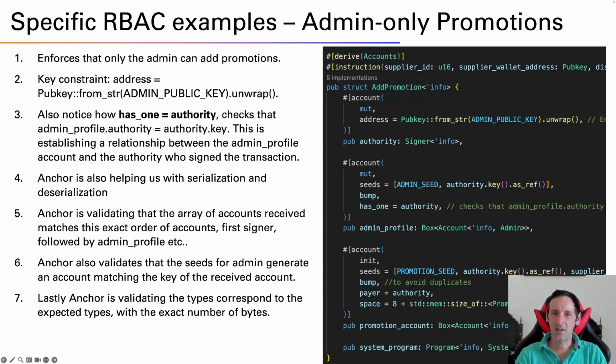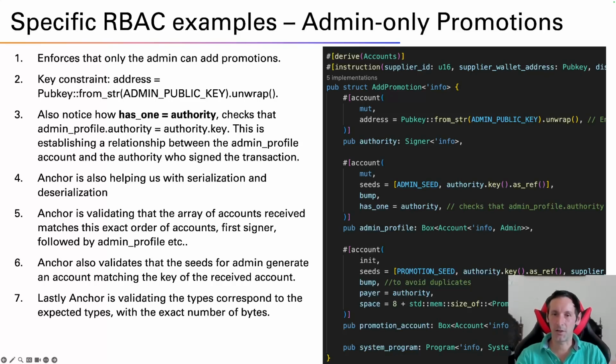we can see here that the size of the promotion struct is being calculated using the same formula as before. The 8 is always there, the account discriminator that we're going to talk about more when we talk about the client-side code, plus the fixed elements of the struct. So that's what this size function is doing.